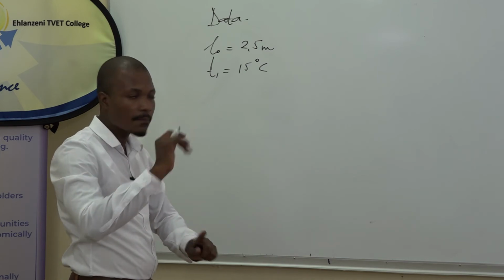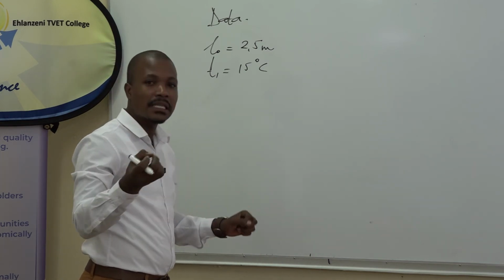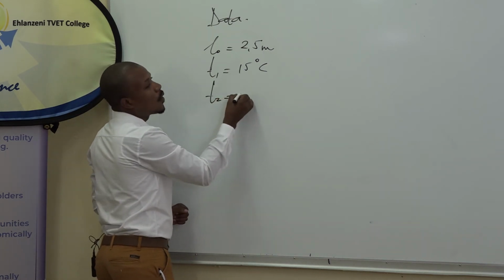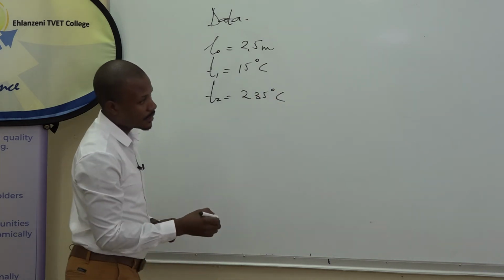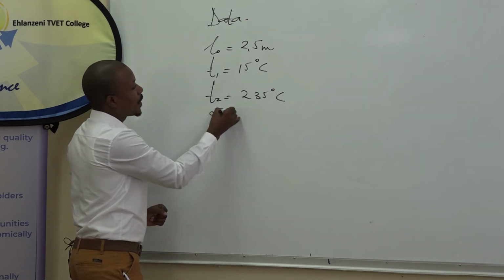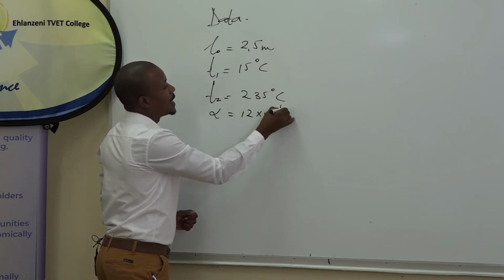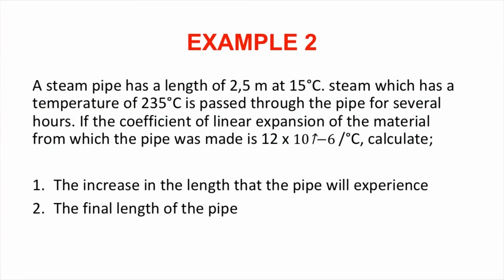It changes, right? It changes to a point where the pipe and the steam have an equal temperature. This means that T2 will be 235 degrees Celsius, and the coefficient of linear expansion is given as 12 exponent negative 6 per degree Celsius.